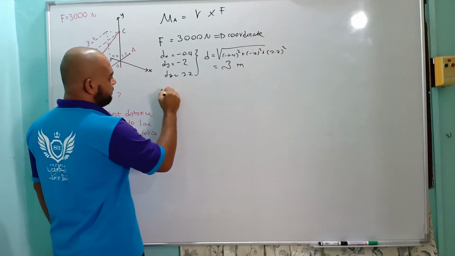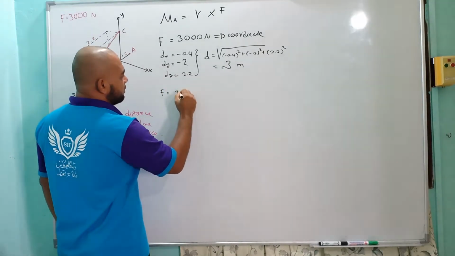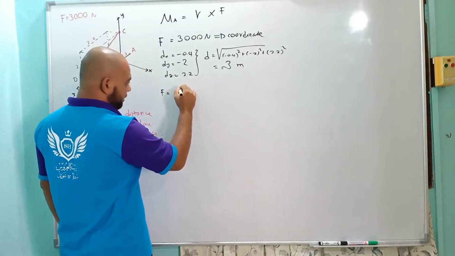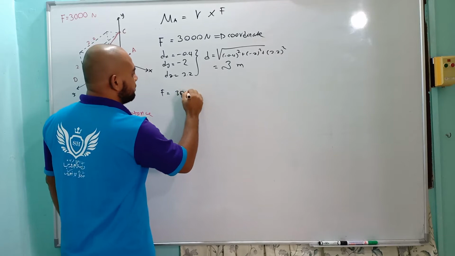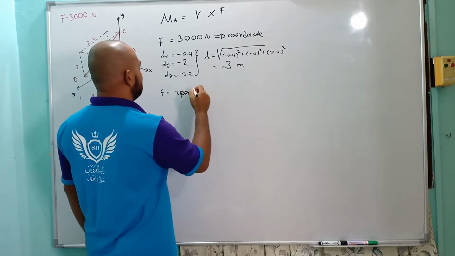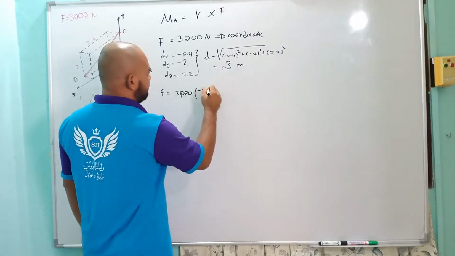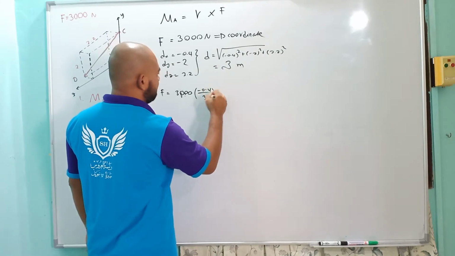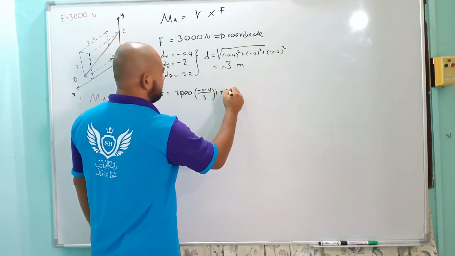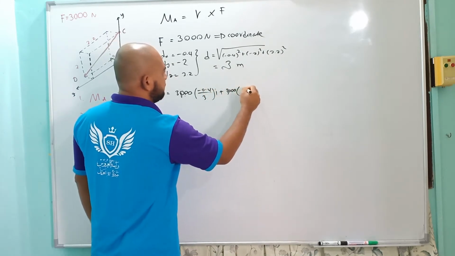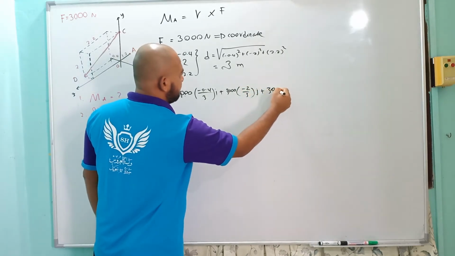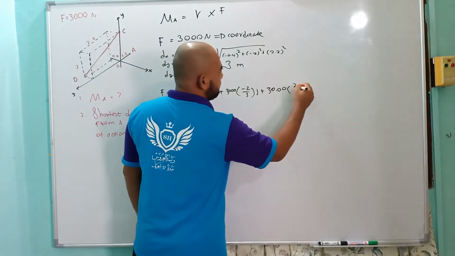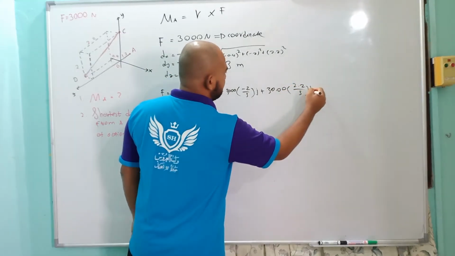So your F equals 3000 times negative 0.4 divided by 3 I, plus 3000 times negative 2 divided by 3 J, plus 3000 times 2.2 divided by 3 K.